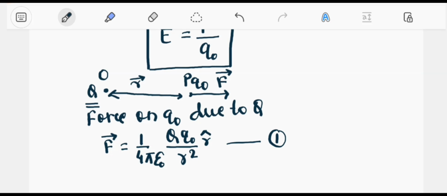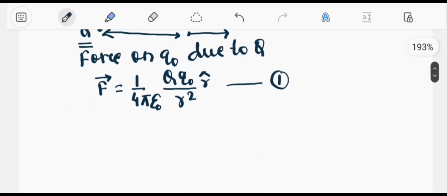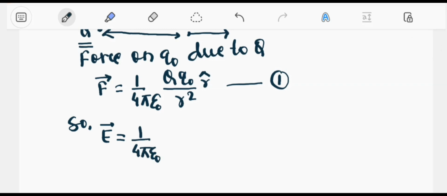We know that electric field intensity is equal to force upon Q naught. So the electric field intensity will be equal to the force, the value is 1 by 4 pi epsilon naught Q Q naught upon r square, divided by Q naught, and then we have this r unit vector.